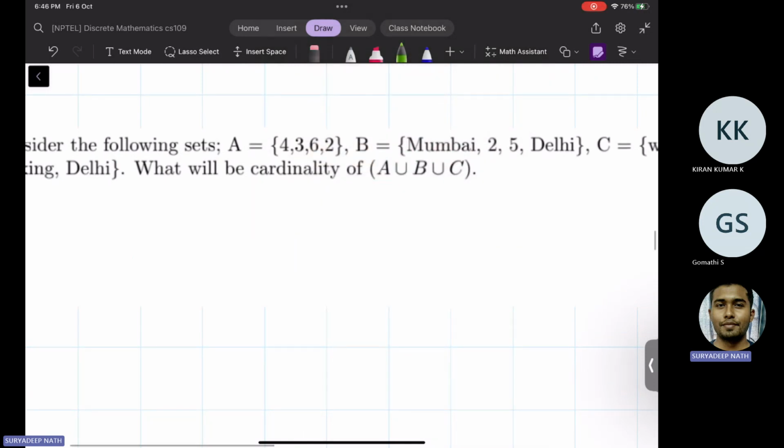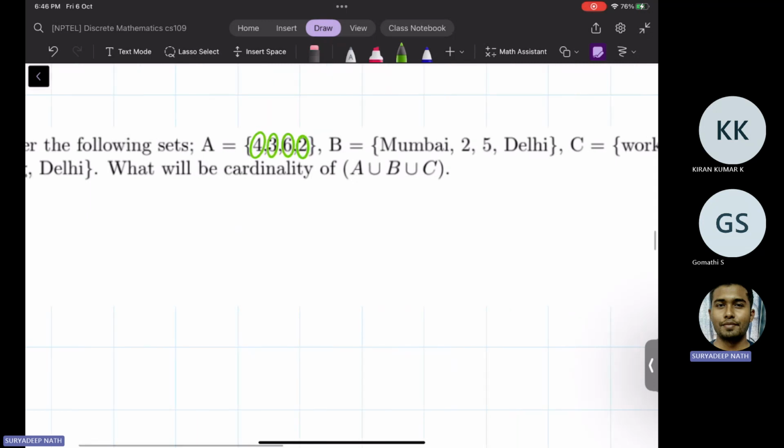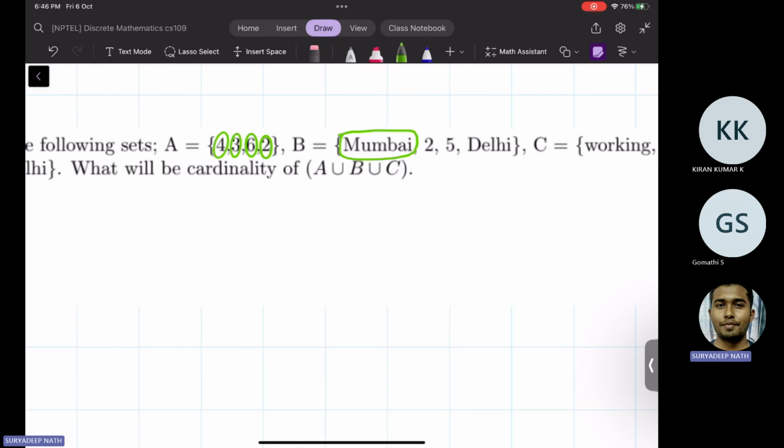So 4 is selected, 3 is selected, 6 is selected, 2 is selected. Now Mumbai is also selected, but this 2 in B is not selected because it was already selected when we selected the elements of A. So we won't pick 2 again.